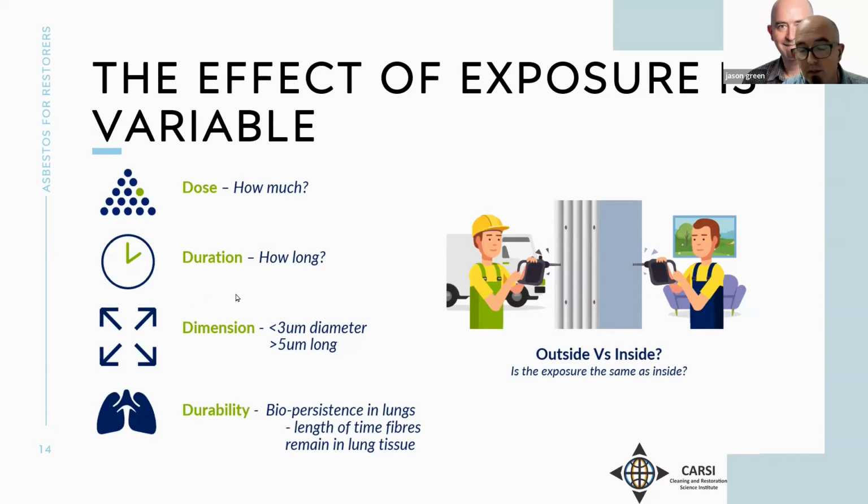So, the dimension of the fibres. When we're concerned about asbestos exposure, it's the airborne fibres that we may inhale while we're in the asbestos high risk zones. If that asbestos is being disturbed, then we breathe in those respirable fibres, and that's the dimension that defines a respirable fibre: essentially less than 10 microns.